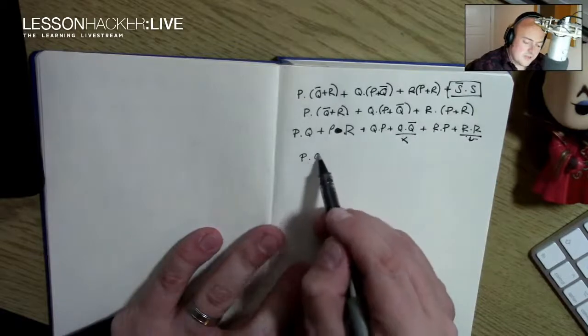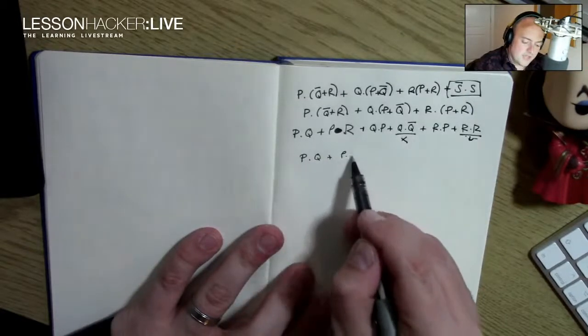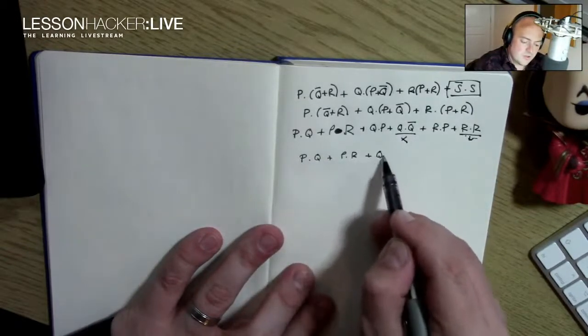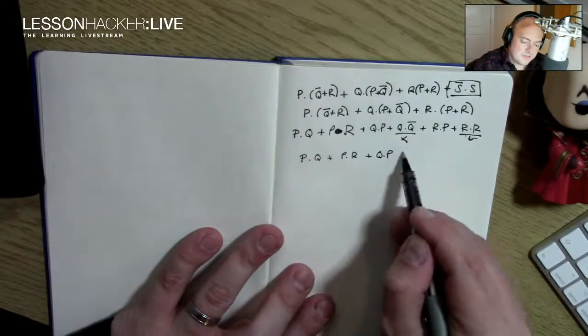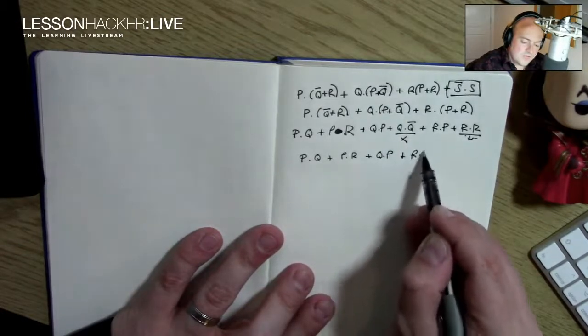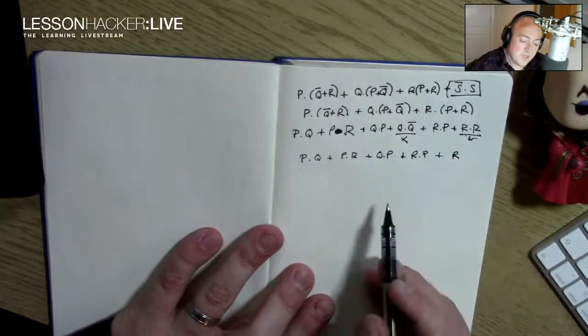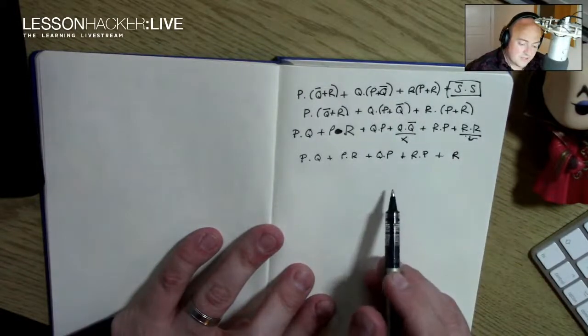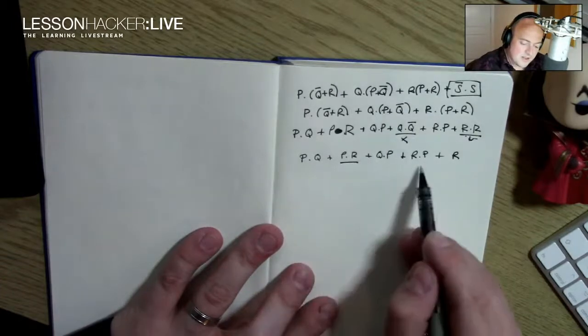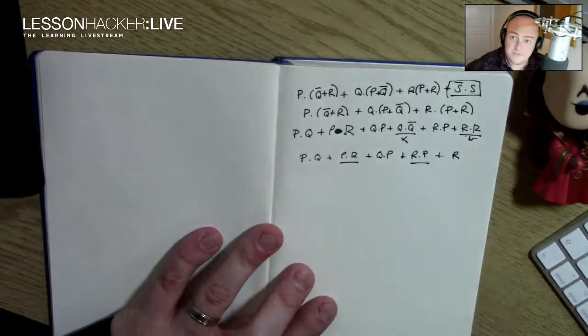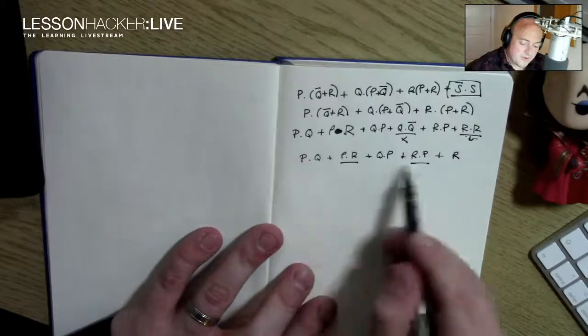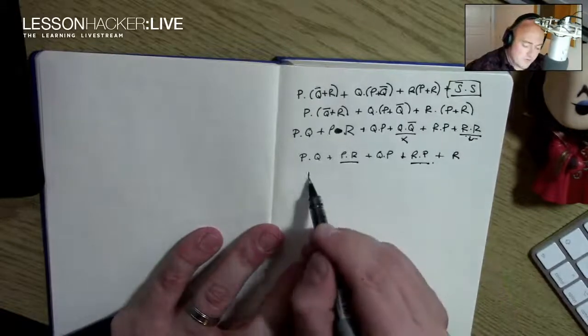So it's going to be P and Q, or P and R, or Q and P, that disappears, or R and P, or R and R becomes R. Once again, are there two similar terms there? Well, P and R and R and P, remember we can just flip those around. Those are both the same term, repetition, so we can remove that.